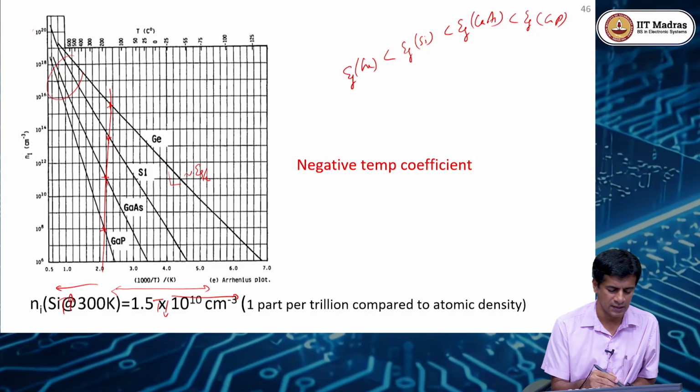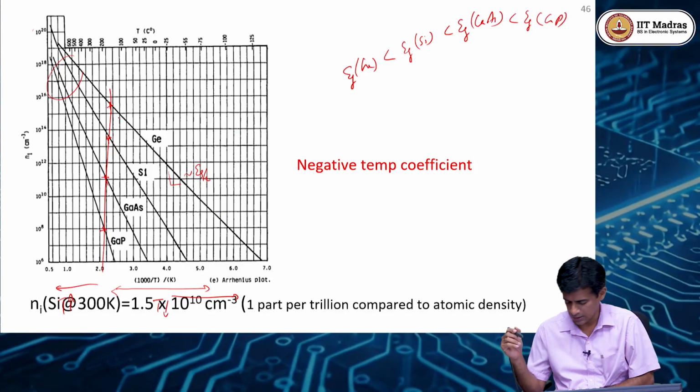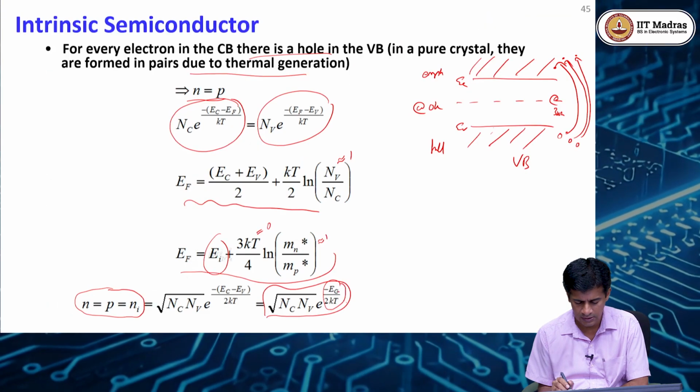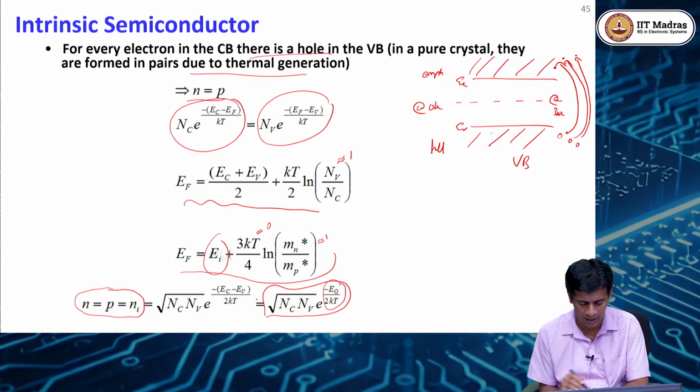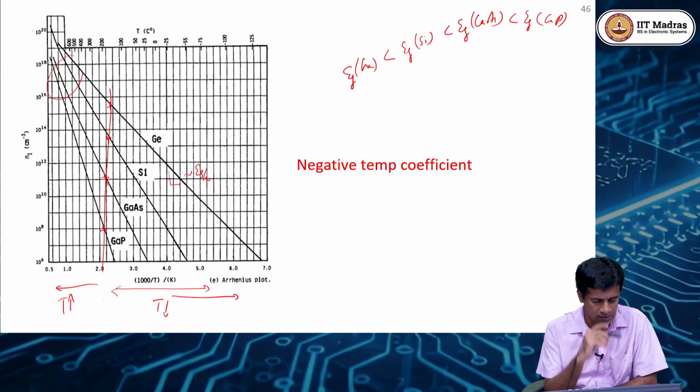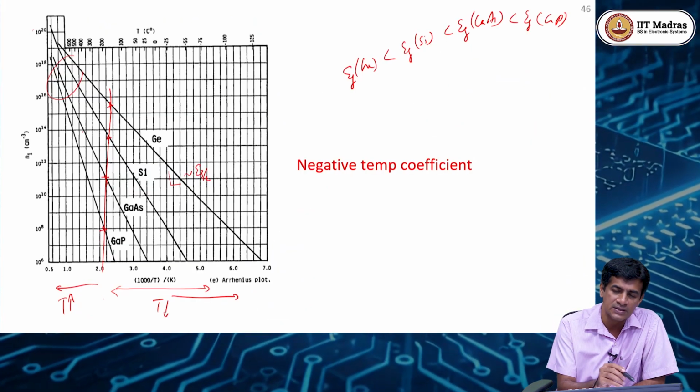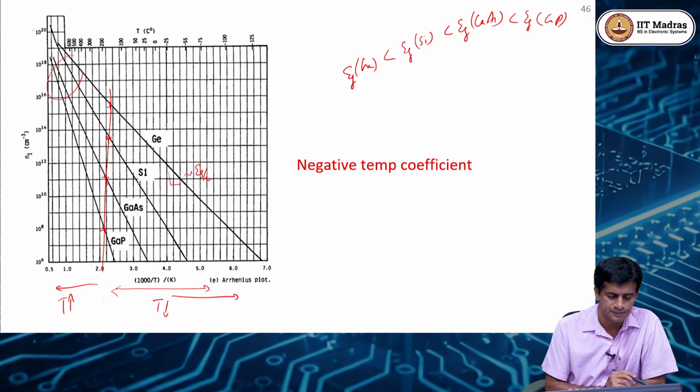The intrinsic carrier concentration is proportional to exponential minus Eg, so if the band gap is large, Ni will be low. Similarly, the rate at which it increases also depends upon the band gap.